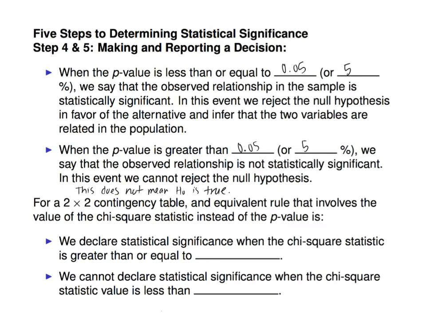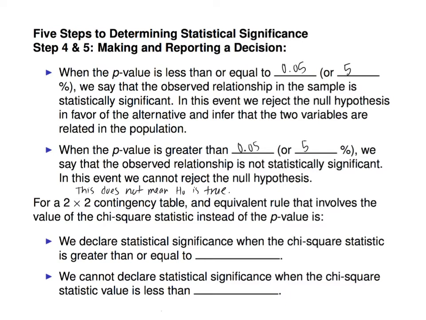And for 2x2 contingency tables, the rule about p-values has an equivalent statement in terms of the chi-square statistic. So remember that for p-values, being small is what you need, and for chi-squared you have to be big.